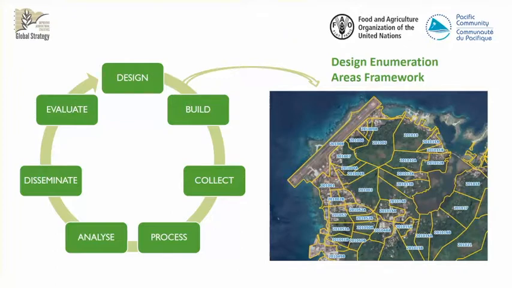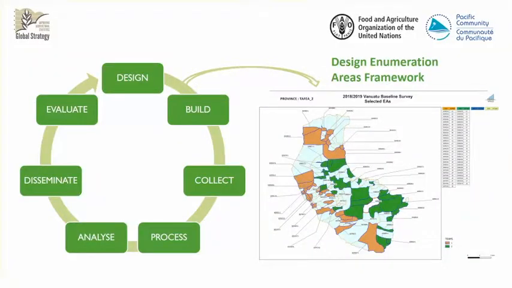In design, we need maps to design and review our enumeration area framework, to see whether it's consistent, the codes are right, and that we don't have wrong codes or two enumeration areas with the same code.